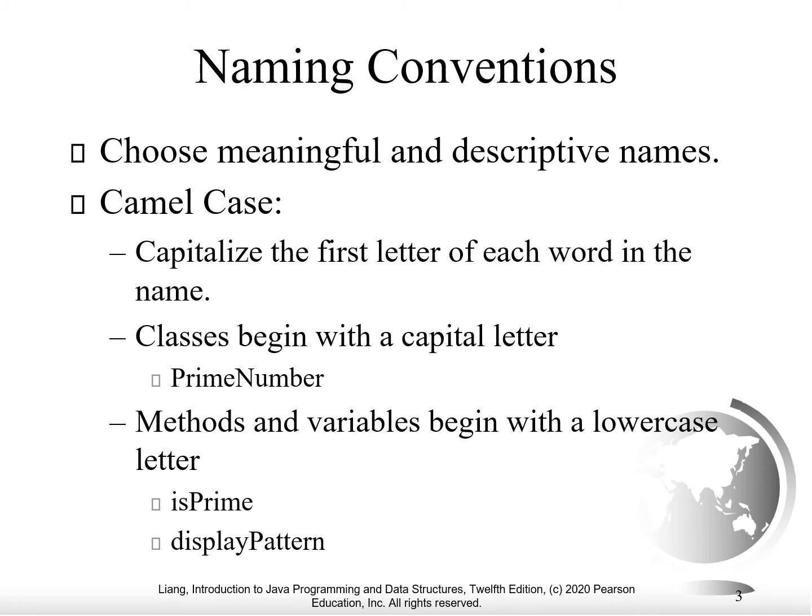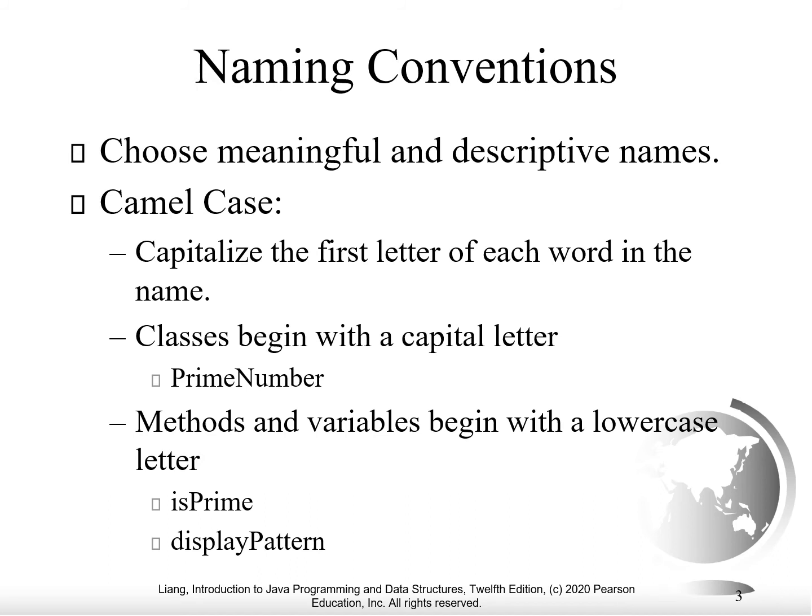It's also worth noting that the first letter may not always be capitalized, as in the name of variables or the name of methods. However, every new word in that variable name or that method name will begin with a capital letter. When naming a class, we want to be sure to capitalize the first letter of the class.